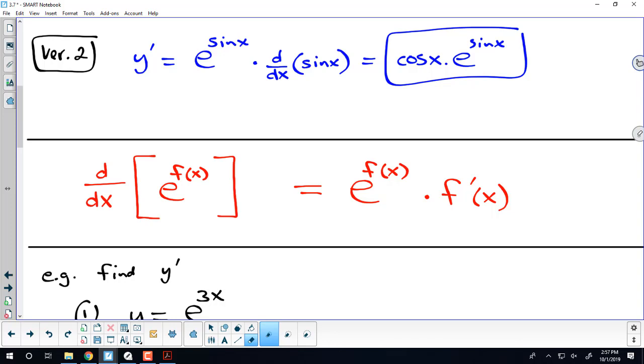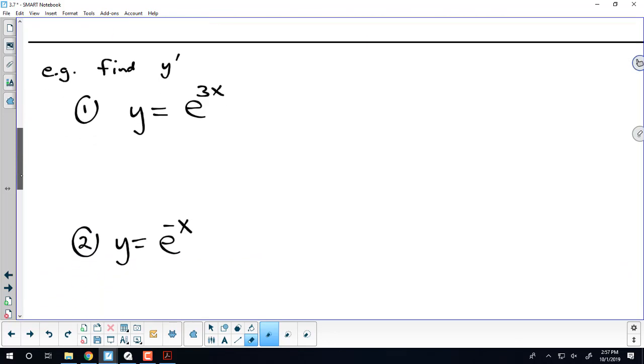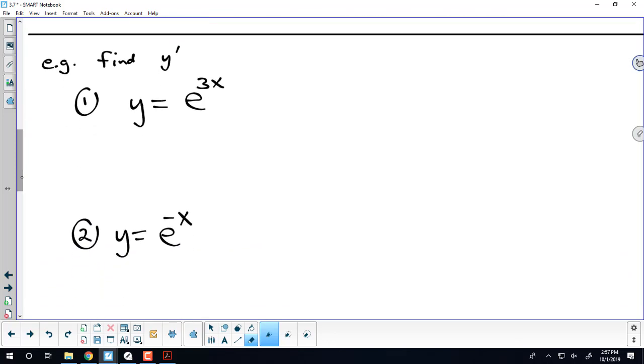So however you look at that. But the derivative of e to any power is e to the same power times the derivative of the power. So what's the derivative of e to the 3x? 3. Right, 3e to the 3x. The derivative is e to the same power times the derivative of the power.